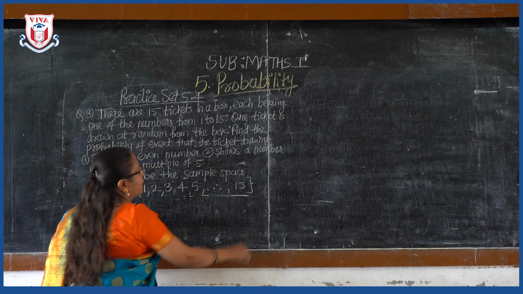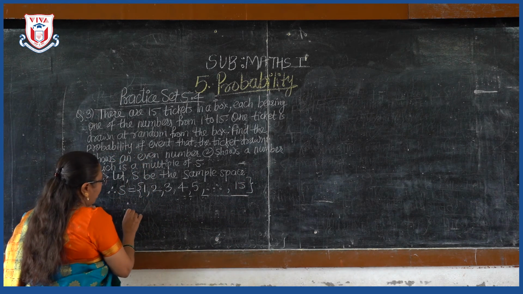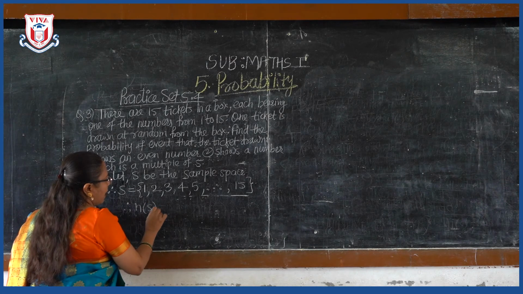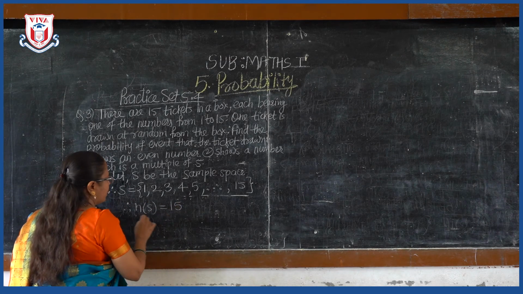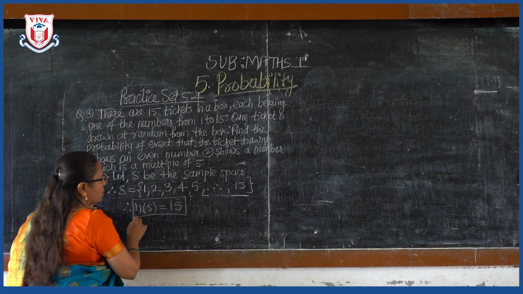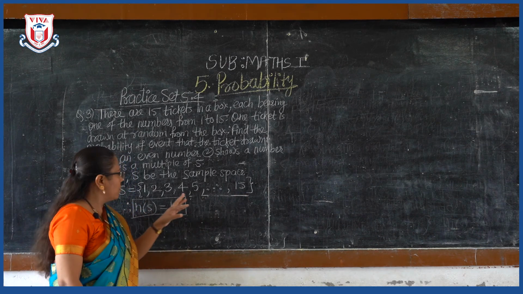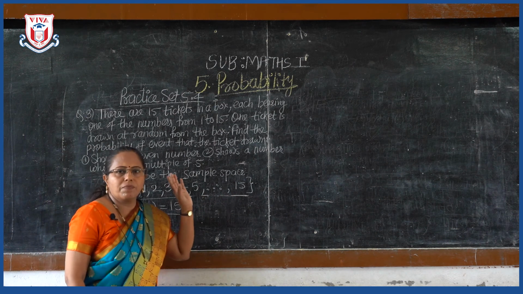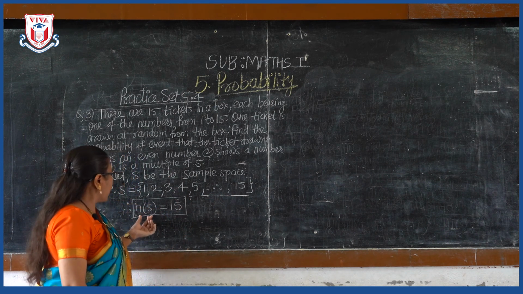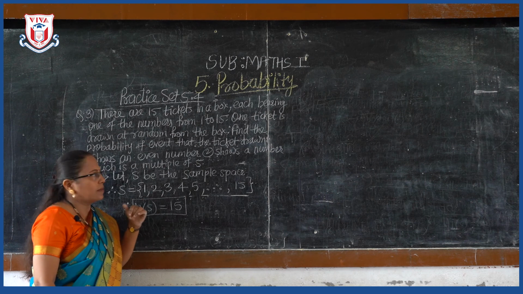The last number is 15. Therefore, N of S is equal to 15. You can write all the numbers, or you can write this way also, 1, 2, 3, 4, 5 up to 15. Okay. So N of S is equal to 15.